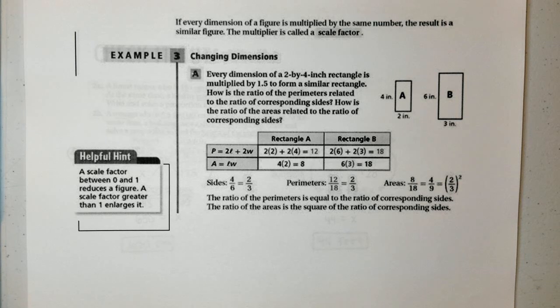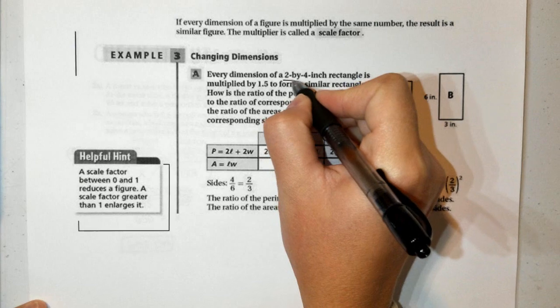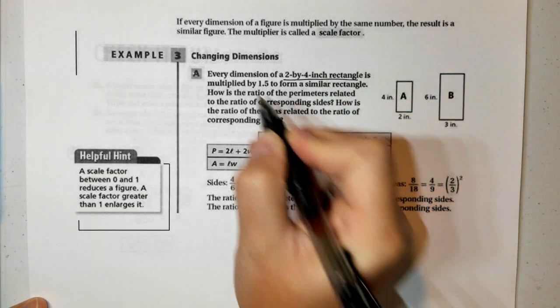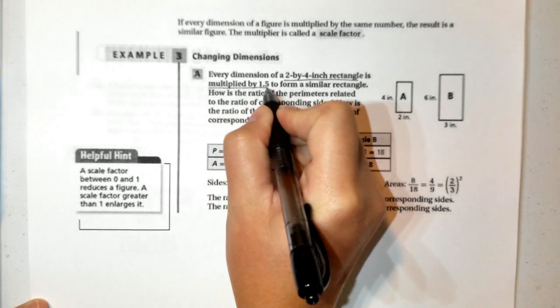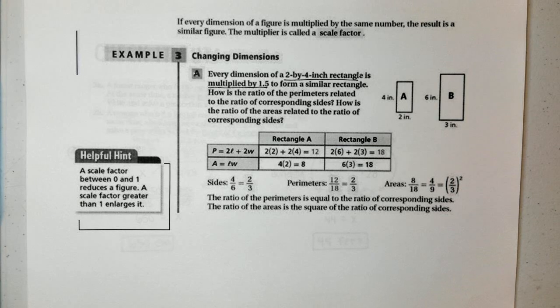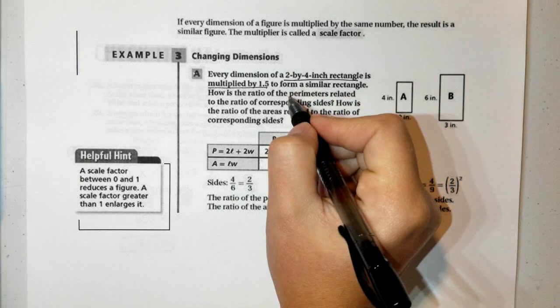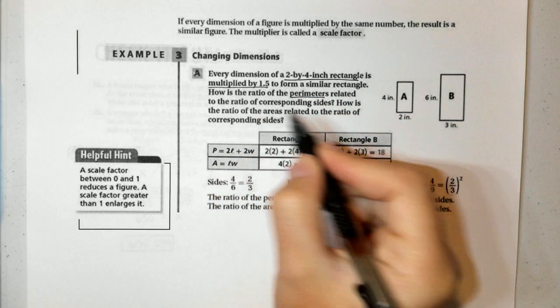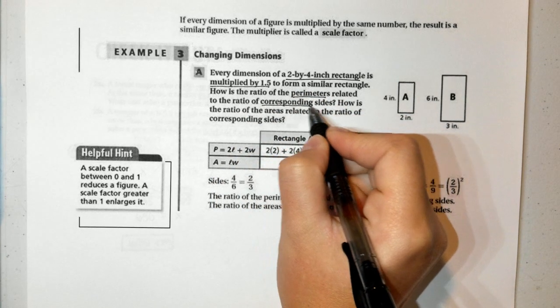So in example A, it says every dimension of a 2 by 4 inch rectangle is multiplied by 1.5 to form a similar rectangle. How is the ratio of the perimeters related to the corresponding sides?